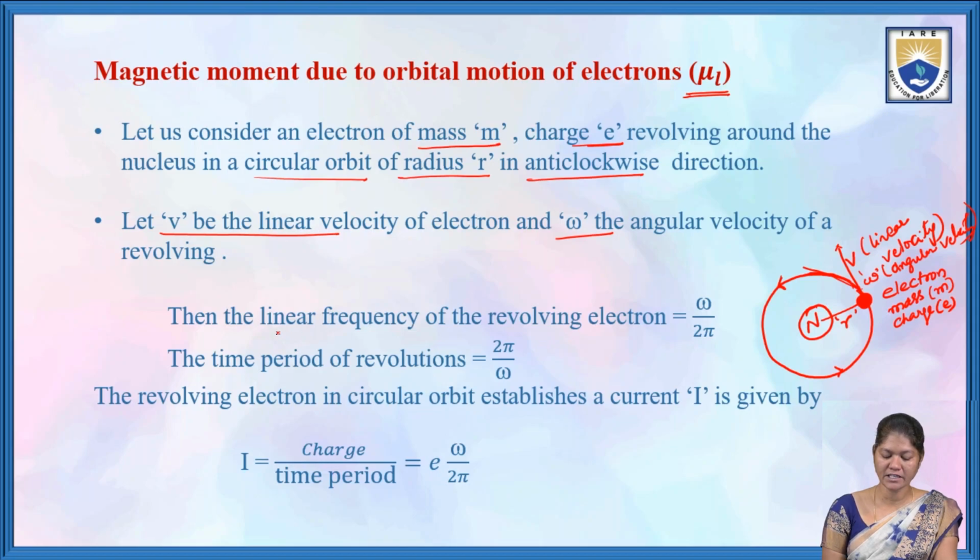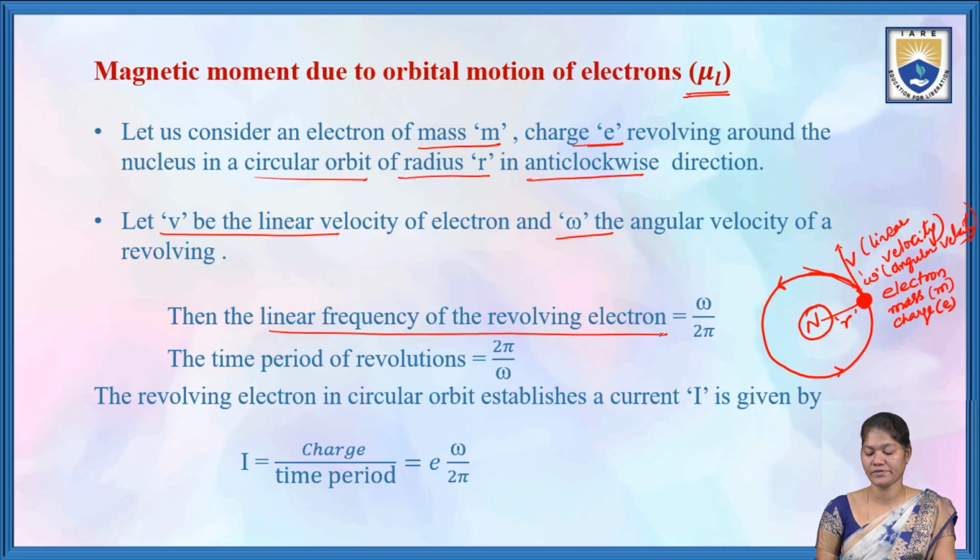Then the frequency of the revolving electron is equal to omega by 2 pi.